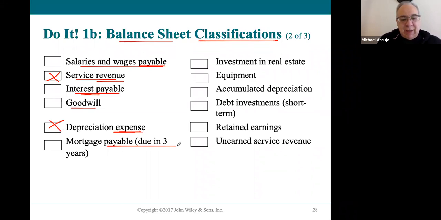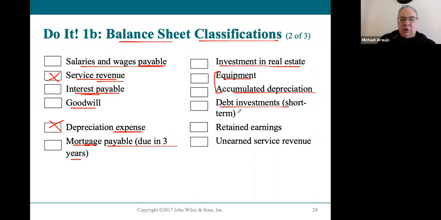A mortgage payable, in this case, mortgage, long-term loan, 3 years, long-term liability. An investment in real estate. So they just own real estate, but they're not using it. That's what a long-term investment is all about. Equipment and accumulated depreciation on that equipment are property, plant, and equipment, PPE accounts here.